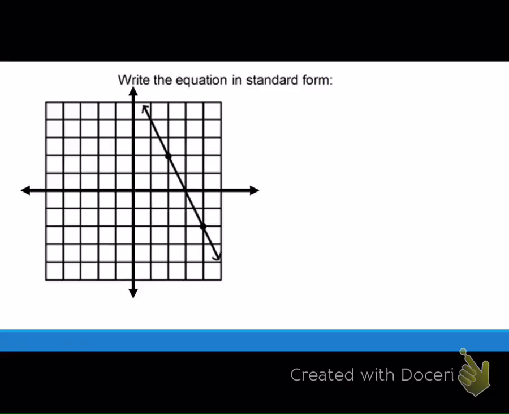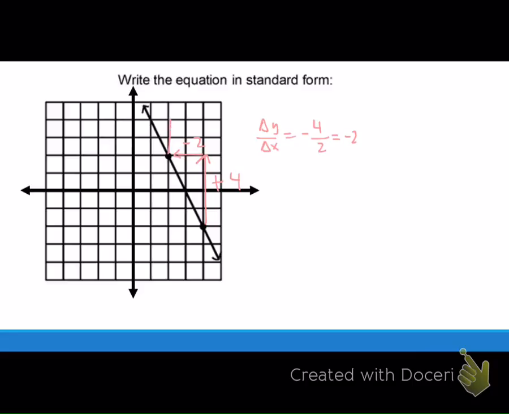Would you use point slope or slope intercept? Yeah, we could just use the slope here. Isn't the slope here 1, 2, 3, 4, up 4, left 2? So the change in y over change in x equals negative 4 over 2, which is negative 2, right?